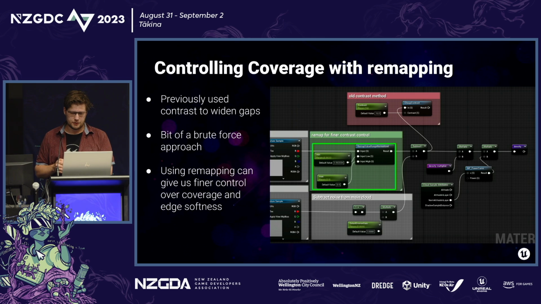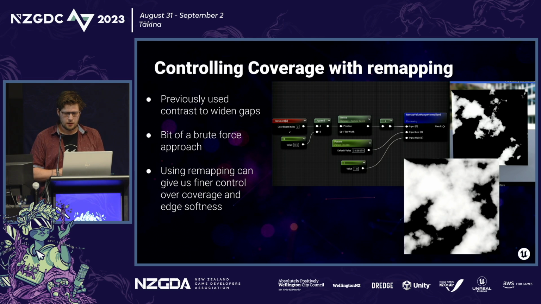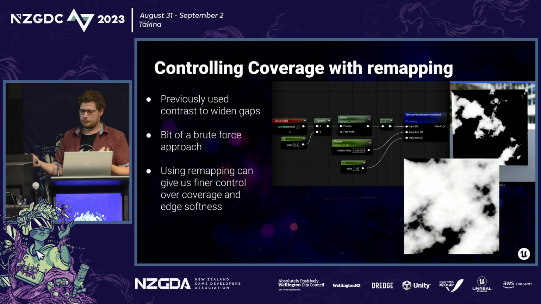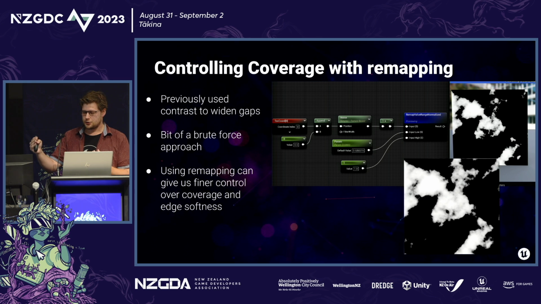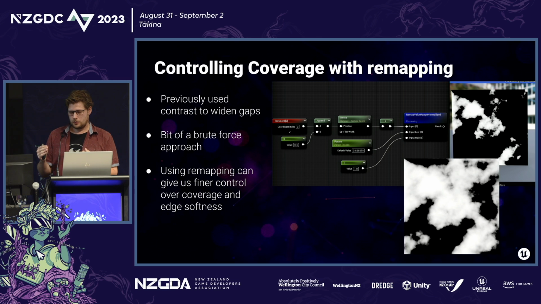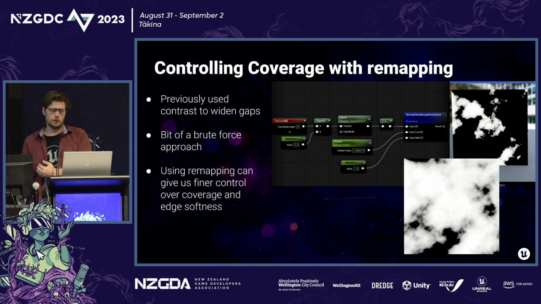What that allows us to do is take a texture which we know is between 0 and 1, and pick two values to set as the new minimum and maximum. That basically allows us to cherry pick a range within a texture to dictate where we want the clouds to be.